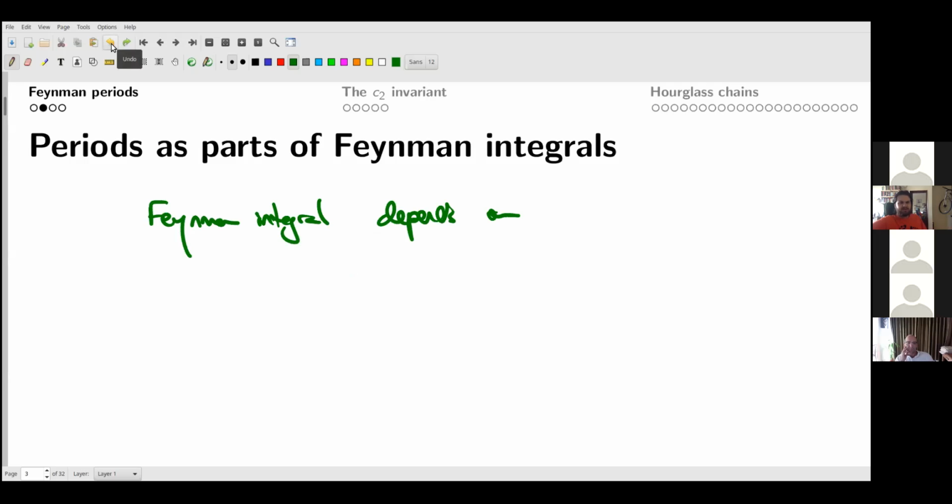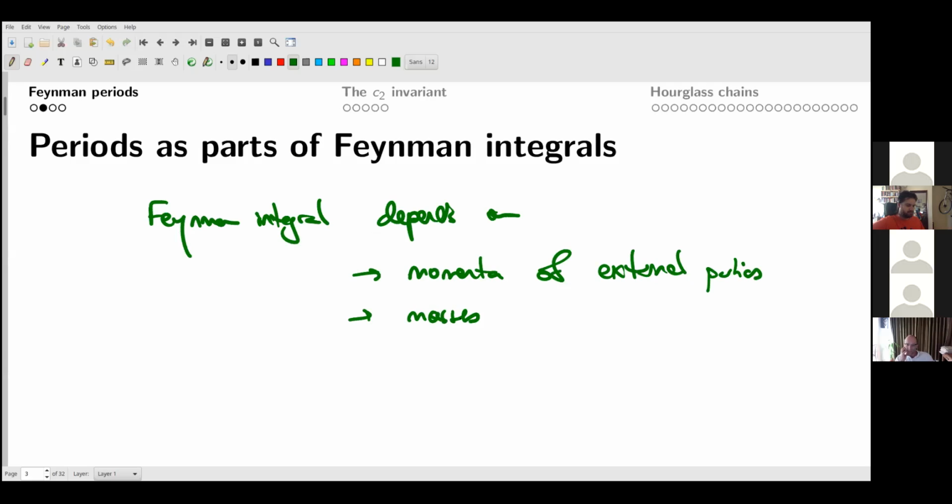It depends on masses. Now, in a scalar field theory, that's actually all you need, but for non-scalar theories, you also will have some numerator structure, and you'll now be summing over expressions, where everything will become tensors.